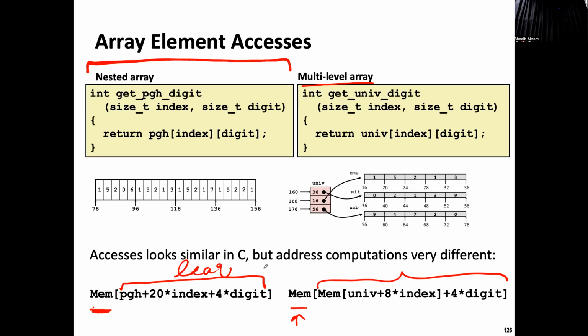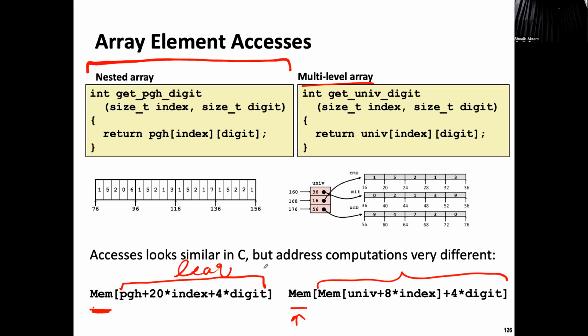All right, on this side, just to compute this address, you are first doing a memory reference to read the pointer stored somewhere in memory, and then doing the scaling to reach a specific element into one of the arrays, and then you're doing an extra memory reference to read the actual value.